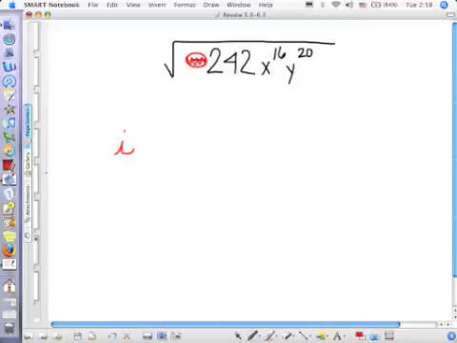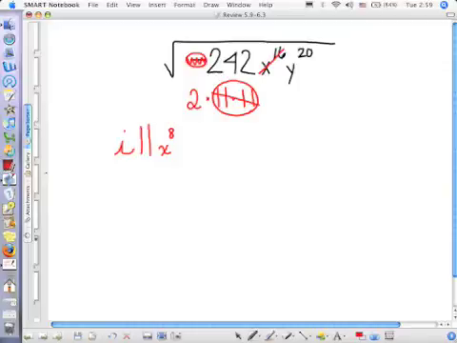We take 242 and break it down to its factors, which is 2 times 11 times 11. Since we are under a square root, we are looking for any pairs of numbers. Since we have a pair of 11s, we can remove that from under the radical. For x to the 16th power, there are 8 pairs of x's, leaving none under the radical.